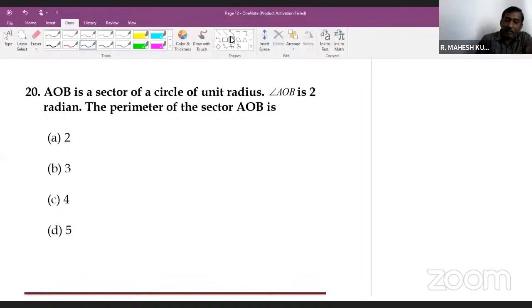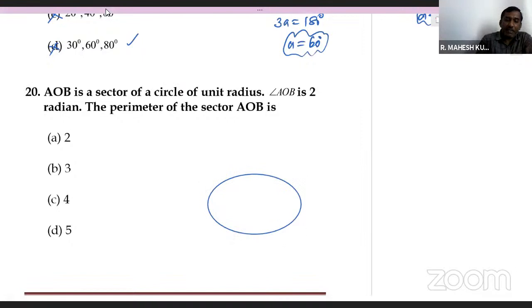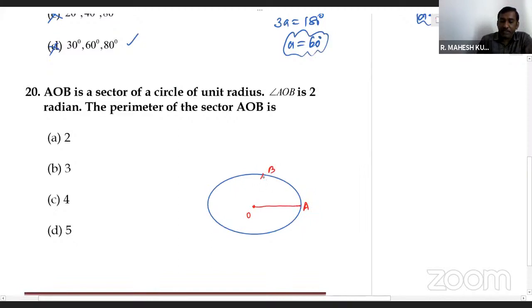So I will draw a circle here. Sector of the circle AOB. So you are having O and A, this is B. AOB is going to be the sector of the circle. So angle AOB is 2 radian. The angle in it is going to be 2 radian.